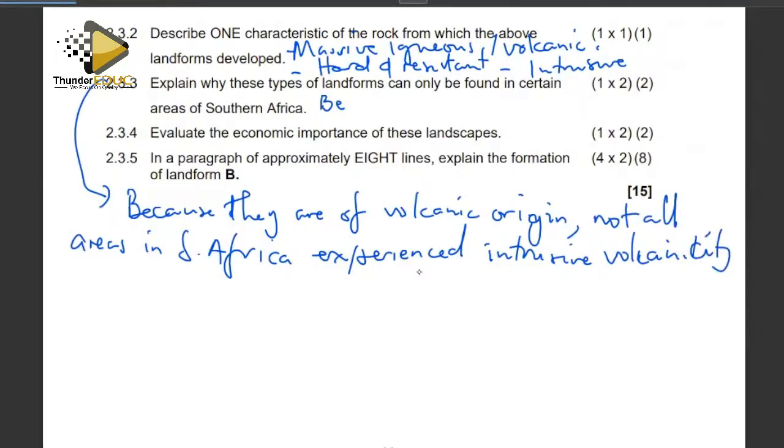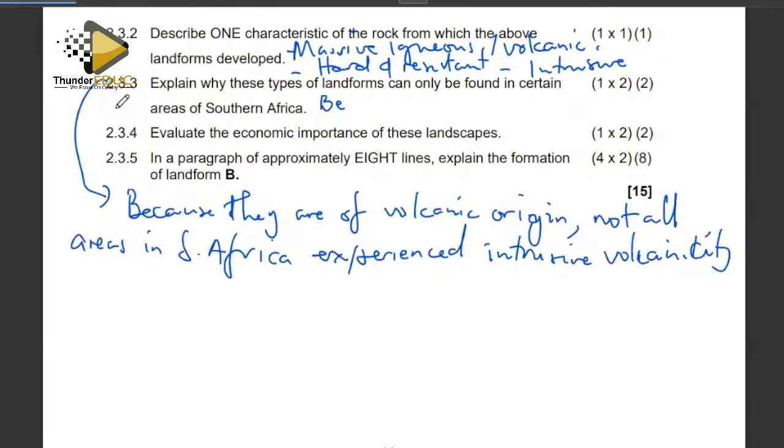That's the reason. Because these rocks come from volcanic activity, it implies that they can only be found in certain areas that were exposed to volcanicity. And in that matter, it was intrusive. So in areas where there was no volcanic activity, we don't expect to find those landforms. There's no justification for their existence in those areas.